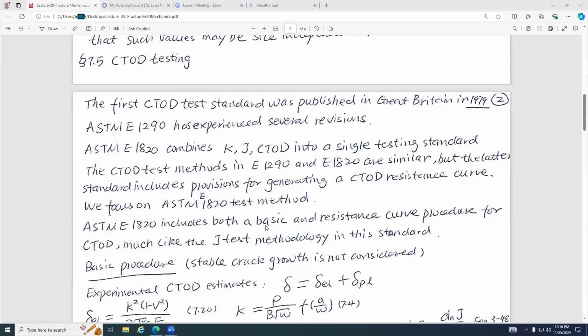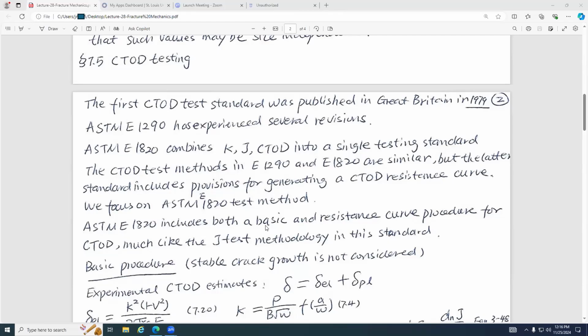This is the protocol. ASTM E1820 is the old friend. We have talked about this one multiple times. This one combines the stress intensity factor, J integral, and CTOD into a single testing standard.